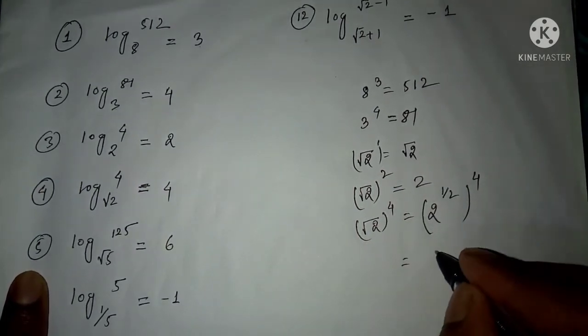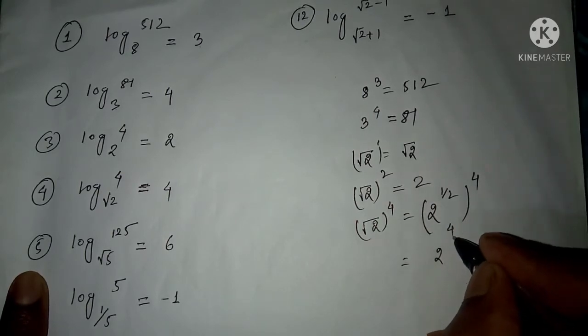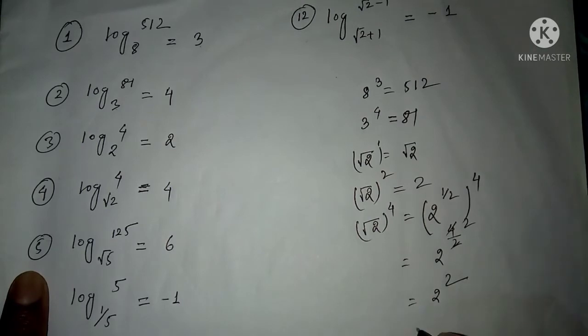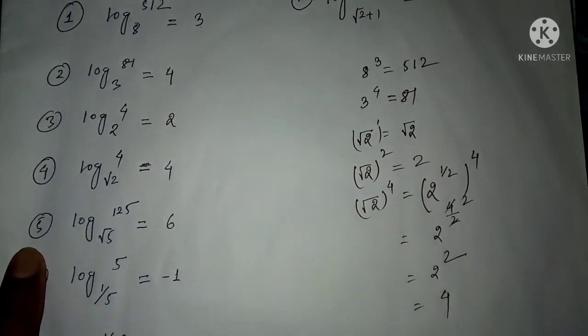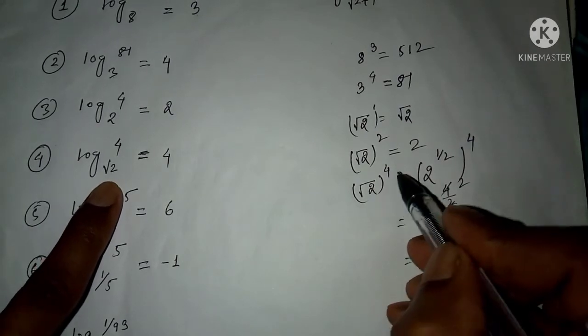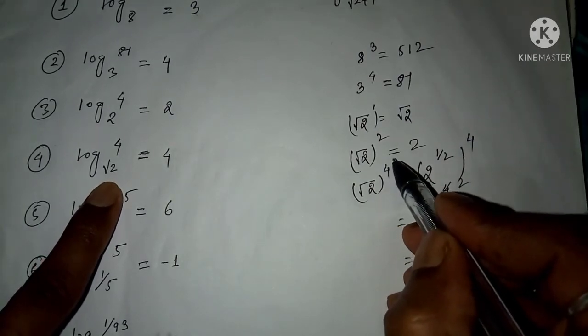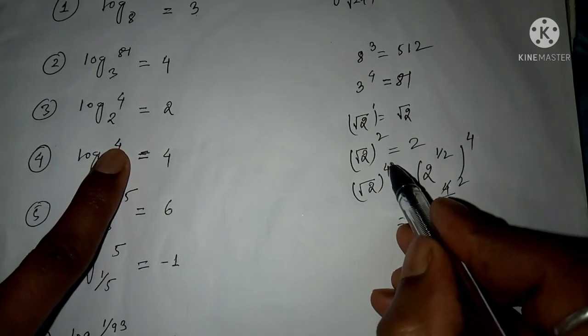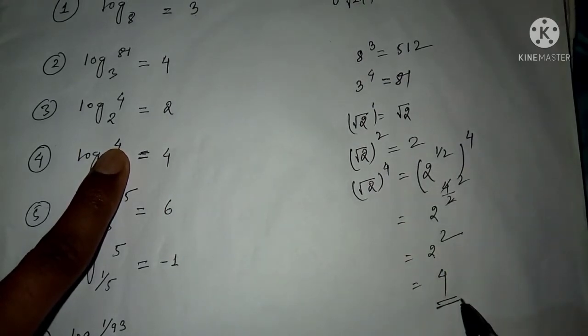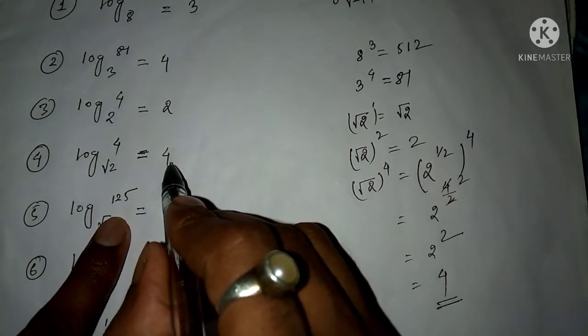You have to multiply, so 2 divides 4 two times, so it will be 2 square. Now 2 square means 4. That means what power of this root 2 gives us 4? When I write power 4 here, my answer is 4. So the answer is 4.